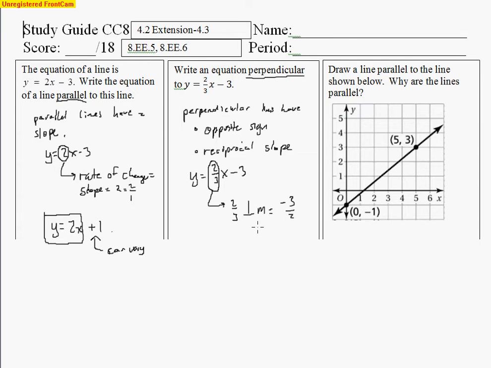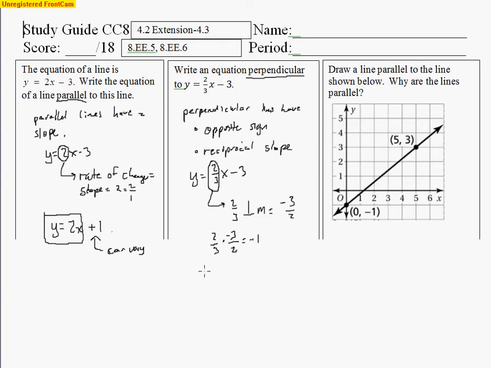And one thing we'll notice about perpendicular slopes is if I take 2/3 and multiply it by -3/2, I always end up with -1 every time. And so that's what you can look for if you're given a slope and you find that it's perpendicular. The product should make a -1 when we multiply them.